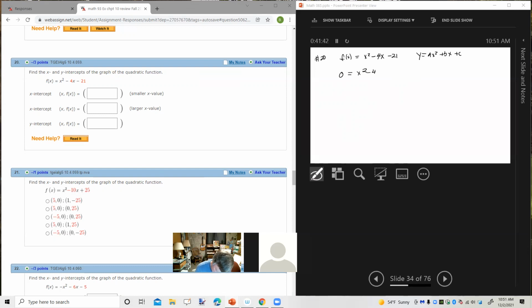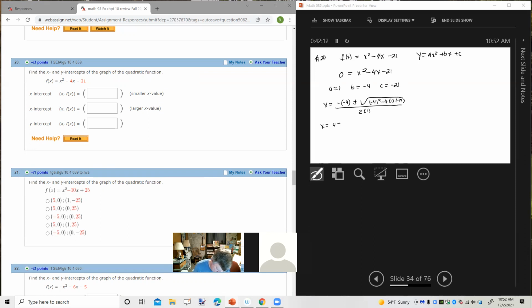So now we've got this, okay? To solve this second degree equation, we'll use the quadratic formula. Again, it's set equal to 0. So we've got a is 1, b is negative 4, c is negative 21. So x equals negative b plus or minus the square root of b squared minus 4ac all over 2a.